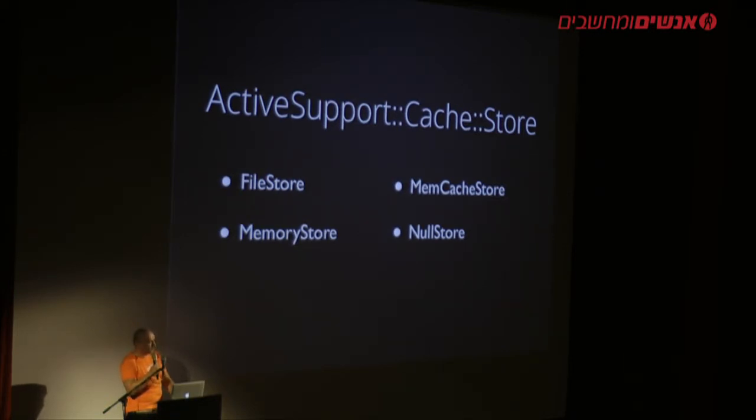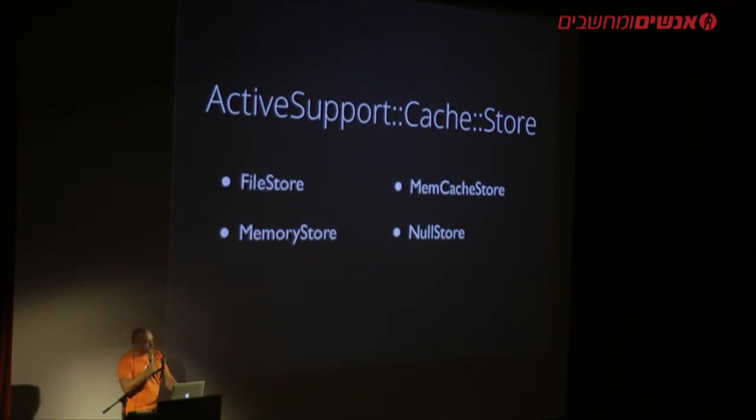Memory store will use just a hash in memory inside of a Rails process. And null store will not store anything. It will just throw all of your data away. You can use it to debug your caching code, when you want to make sure that there is no actual value available.